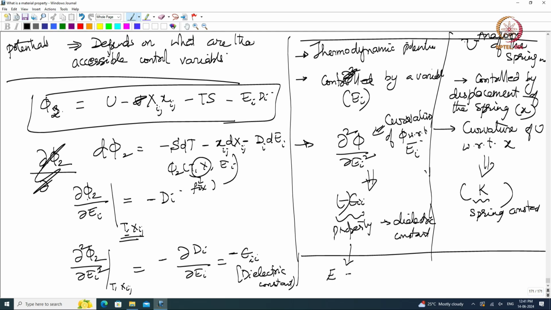That is given as half epsilon E square. So, that tells me how much energy is stored in a capacitor, right. Here the energy stored in a spring is half k x square, right. So, this is a property like k, and just like k has an underlying thermodynamic potential which is U, this also has an underlying potential which is the phi 2 that I defined here, right.